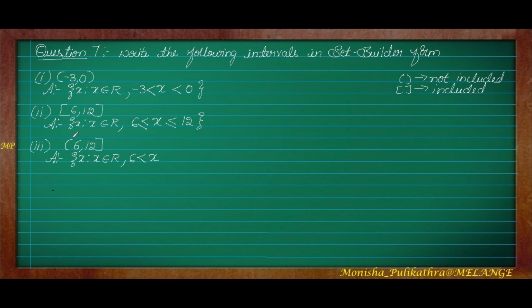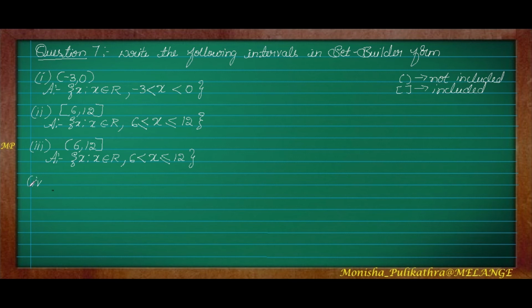Why? It is a small bracket. Small bracket means 6 is not included, so we should not write any equal to symbol. But here the square bracket is there, so 12 is included. So we can write it as less than or equal to 12. So x is greater than 6, so 6 is not included, and less than or equal to 12, so 12 is included.